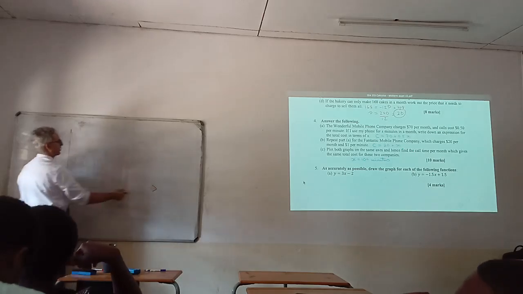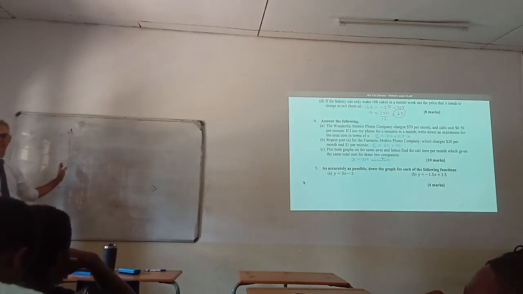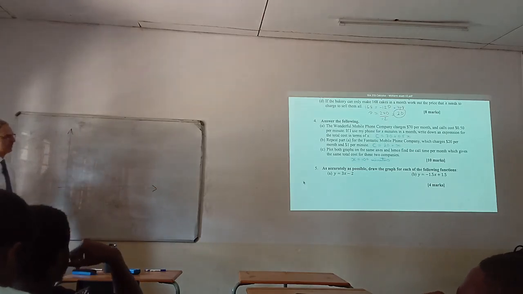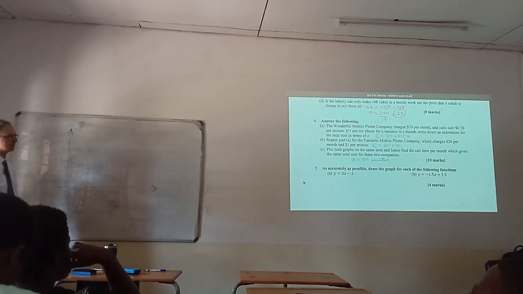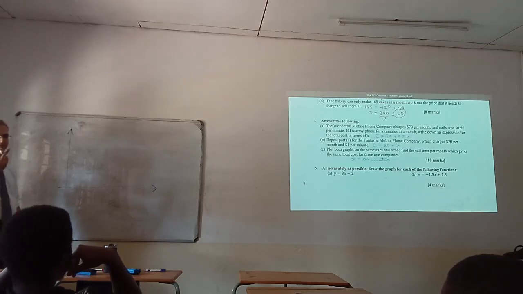What will we put on the x-axis, and what are we going to put on the vertical axis, the horizontal and vertical axis? What are our two variables in this problem?